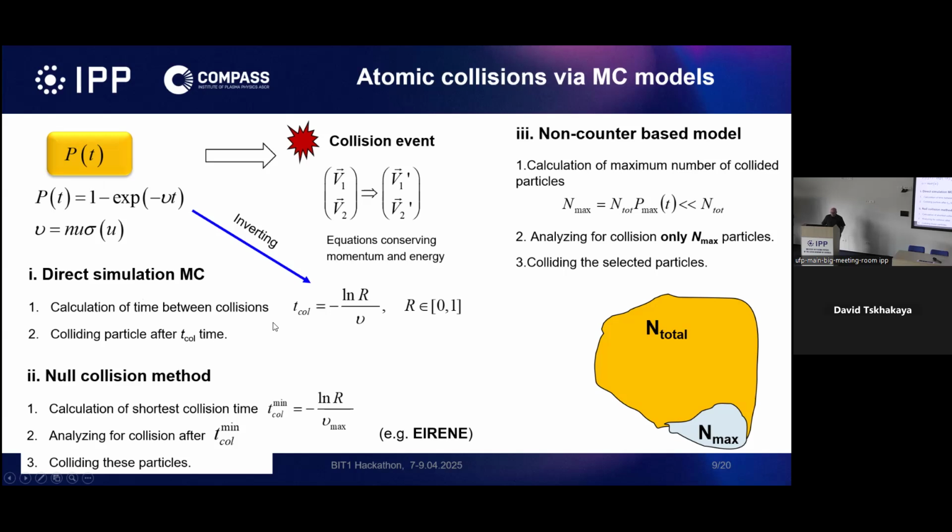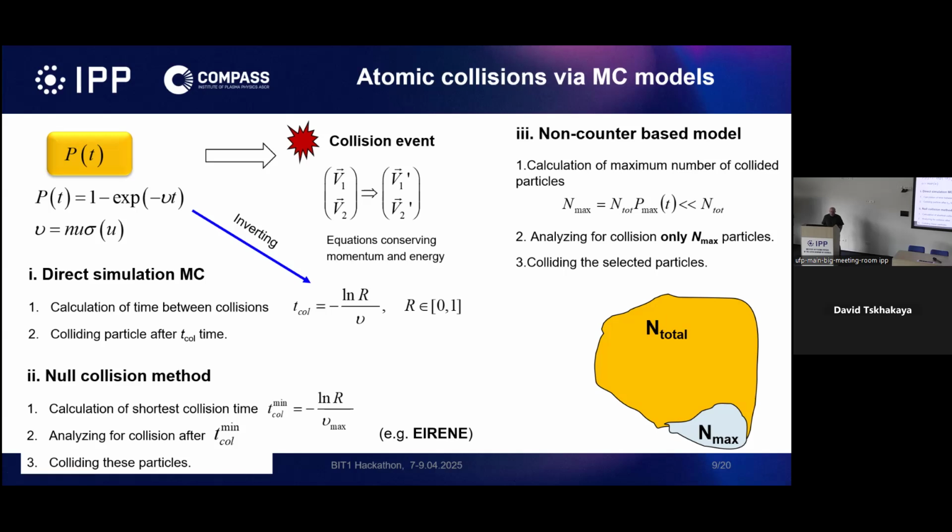It's good, but very time consuming because you have to know an additional parameter for each particle. A much better model is the null collision method, where you calculate the minimum time for collisions, and you know that you have to consider the collisionality of a particle only after this time step. It's faster because you don't need to have this additional parameter for each particle.